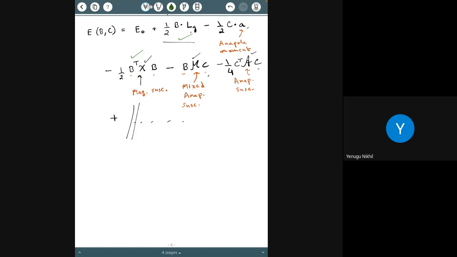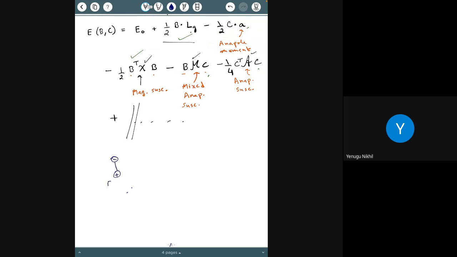So from here, let me draw a picture. Let me try to draw it at least. So what sort of thing is this anapole moment? If you have a molecule which has a charge separation, then you get an electric dipole. So something like this.